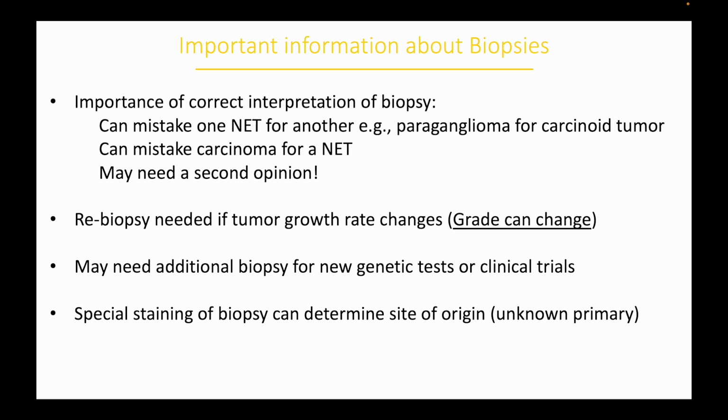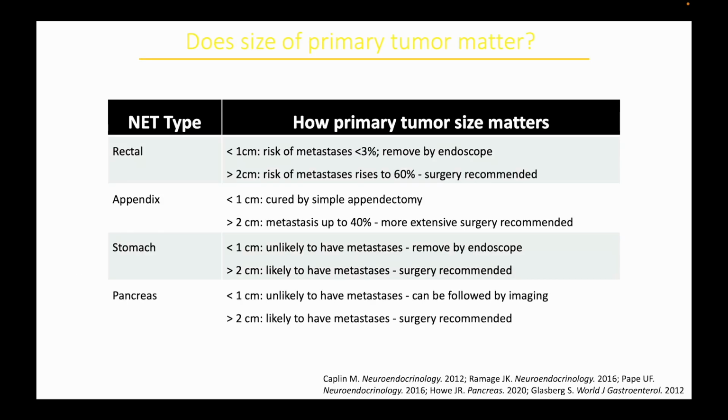So second opinions, expert opinions on pathology are important. Rebiopsy is an occasional thing because grade sometimes changes over time. And so we sometimes need to do additional biopsies and special stainings. We can tell frequently where the tumor comes from, whether it's from the bowel or from the pancreas or lung, with those special stainings.